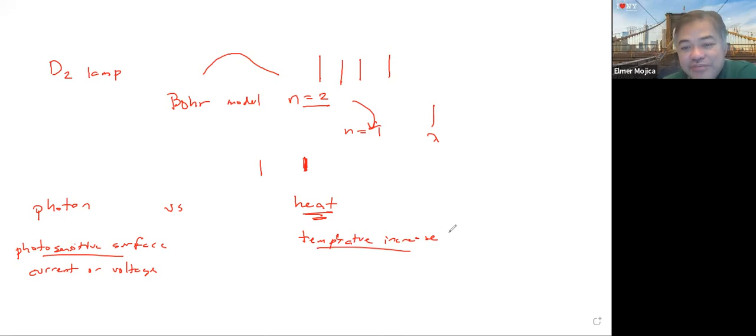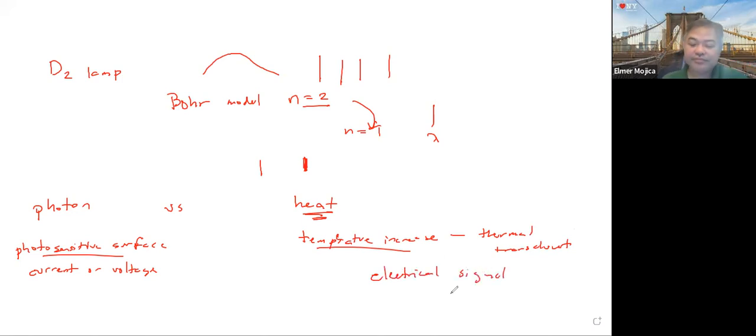And how do you detect the temperature increase? You have a thermal inducer or transducer. And this produces what? Electrical signal. And its magnitude is, we could say, related to the temperature and the intensity of the infrared. So we could say the heat detector is an infrared device compared to the photon detector.